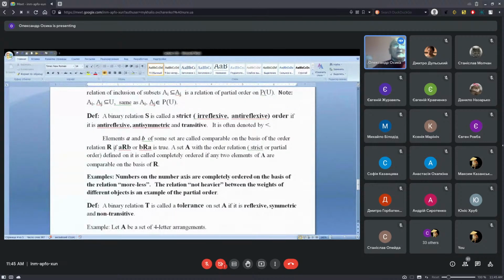Here, we speak to be comparable if either A is in relation R to B, or B is in relation R to A, or both.